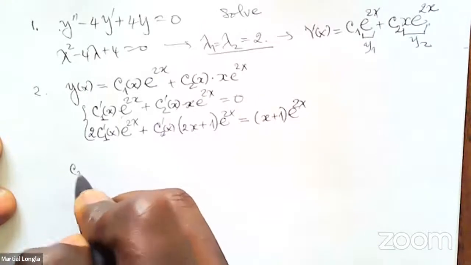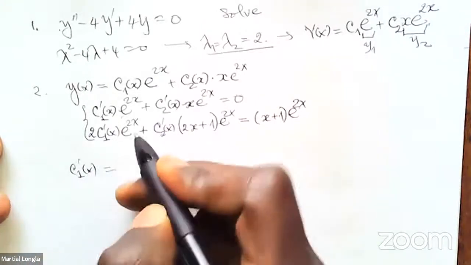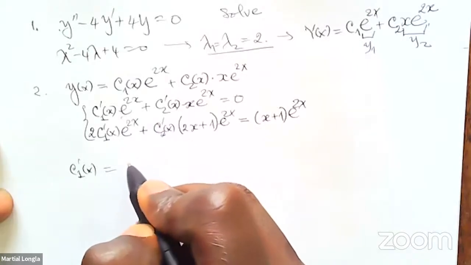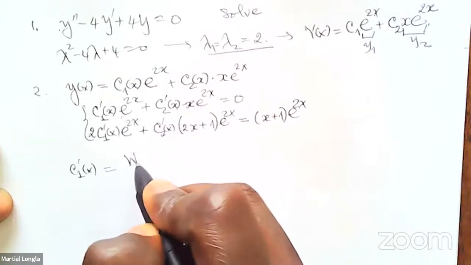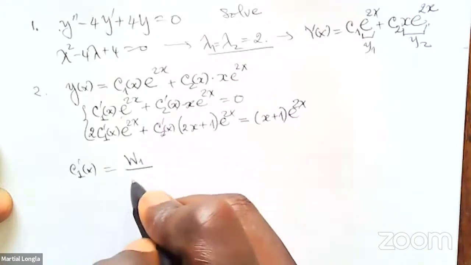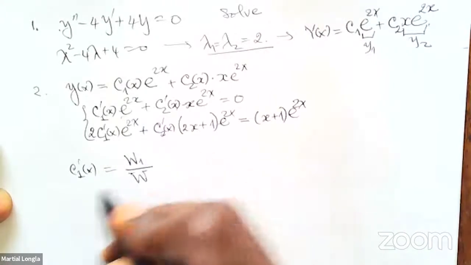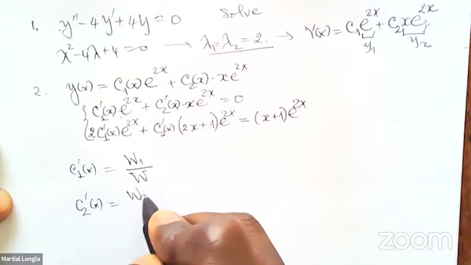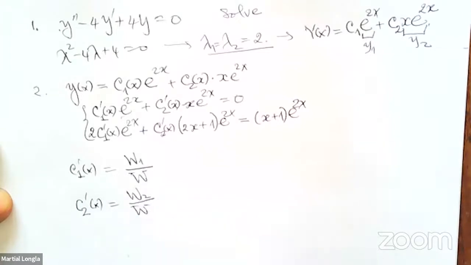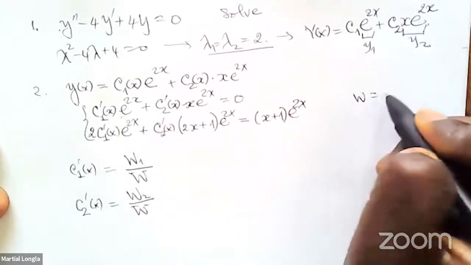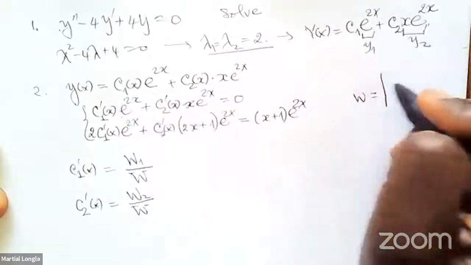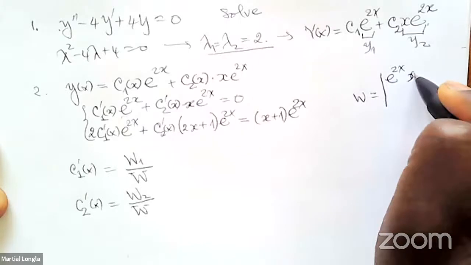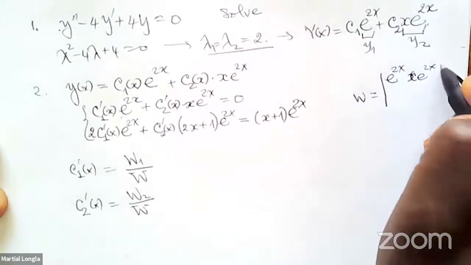So C1 prime of x is W1 over W, and C2 prime of x is W2 over W, where W is the Wronskian, which is listed in the system: e to the 2x, x e to the 2x, and their derivatives.